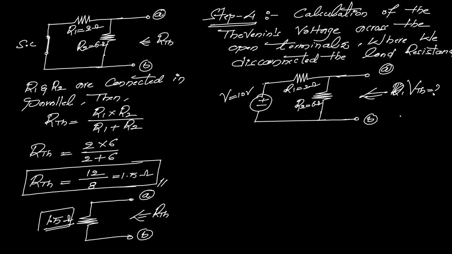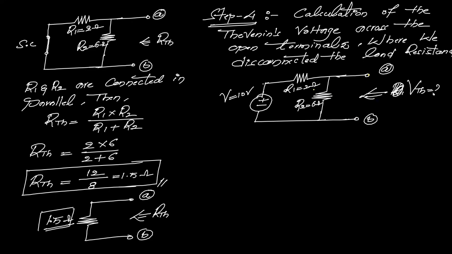Now see here, the most important point when we are finding the value of this particular VTH. We are calculating VTH across terminals A and B. How is it possible?